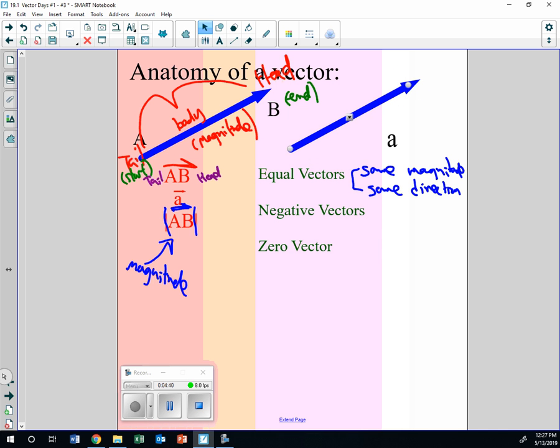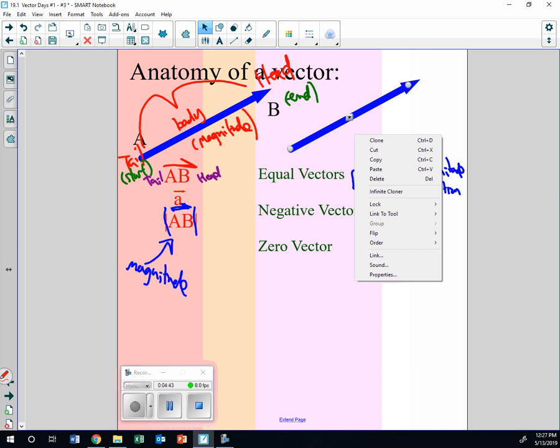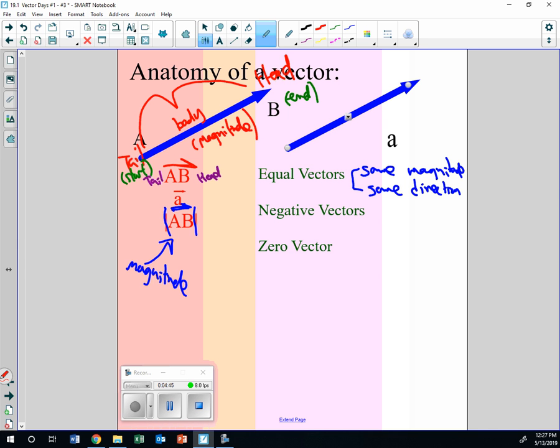It won't clone, so I'll just draw it. It's not that hard. Okay, so I start here. And this is the opposite of A because it has the same magnitude, but what's different? Opposite direction, right?